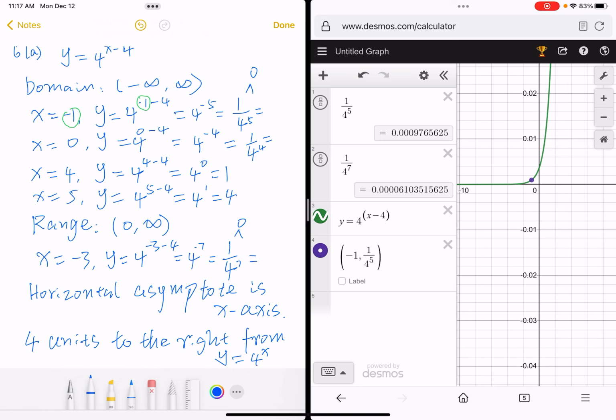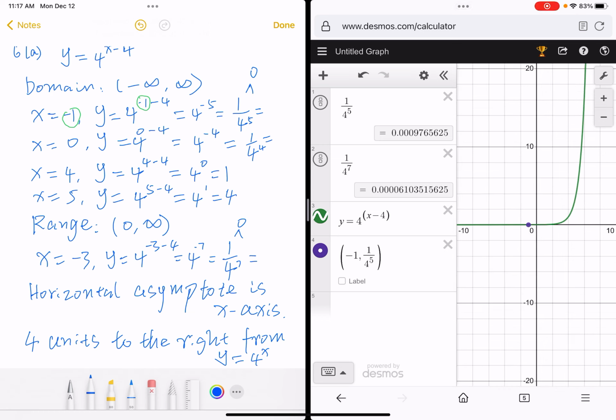Let's see what it means. You see here, when x is 0, you have the value 1 over 4 to the 4th. And when x equals 4, you have y is 1.